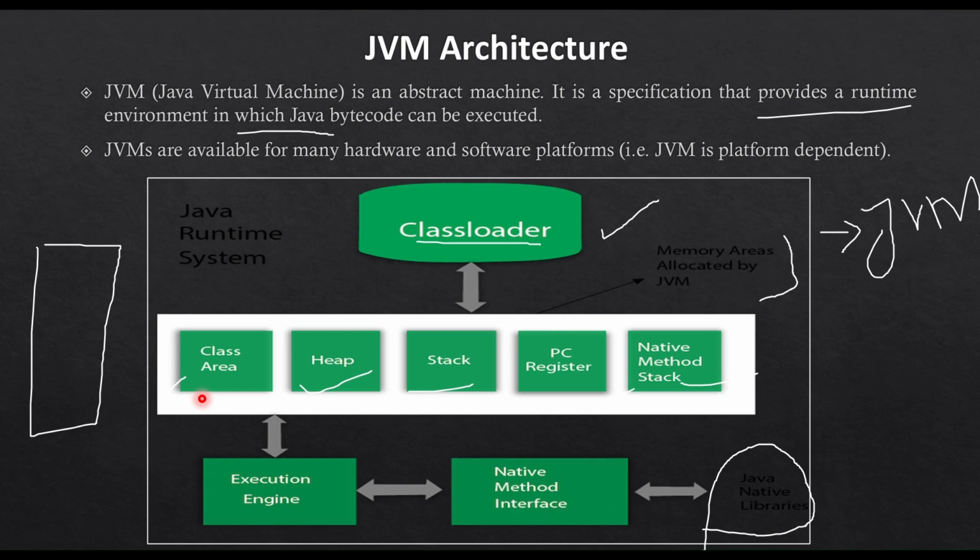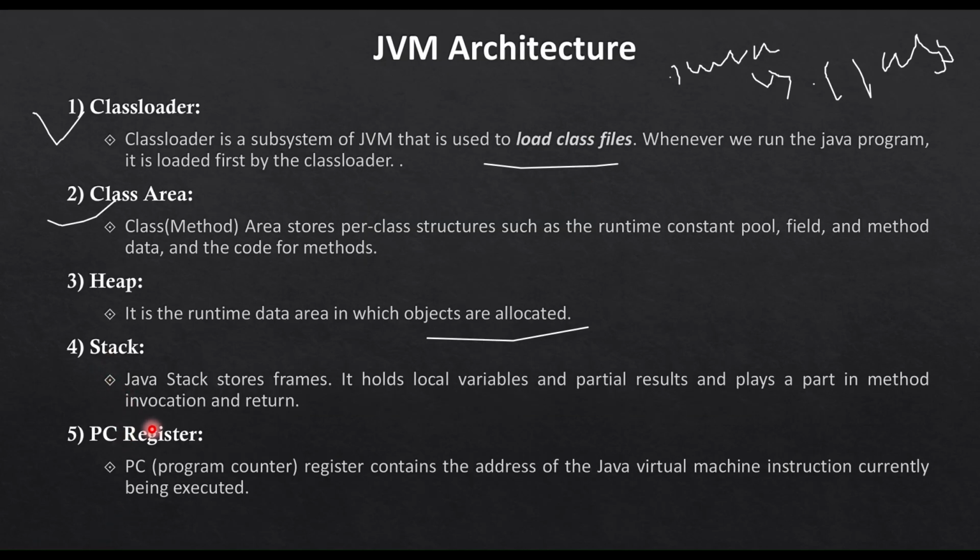Suppose I write code that prints hello world: every part will be stored somewhere in the JVM. My function will be stored in the class area, and my object will be stored in the heap area. Stack holds the variables and partial results. The PC register contains the address of the Java virtual machine instruction.